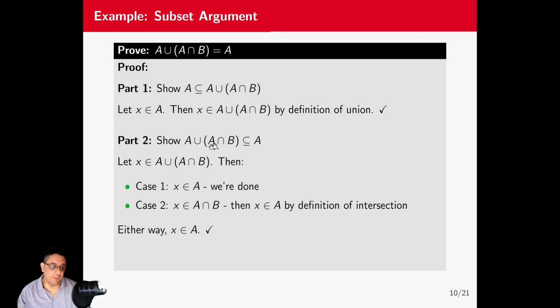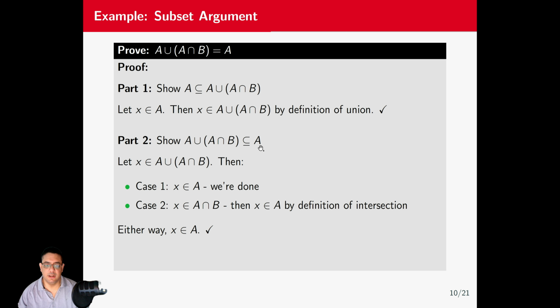Part 2 will prove that A ∪ (A ∩ B) is a subset of A. We do the same thing. We pick an element that belongs to A ∪ (A ∩ B), then we break it apart. Case number 1, if X belongs to A, then we're done.